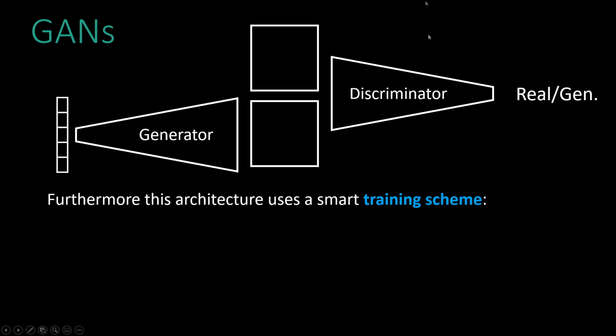Hence my mistake in some previous slides, where these two networks are sort of part of the same model, but we have a sort of smart training scheme which is used over the dataset. So let's see.